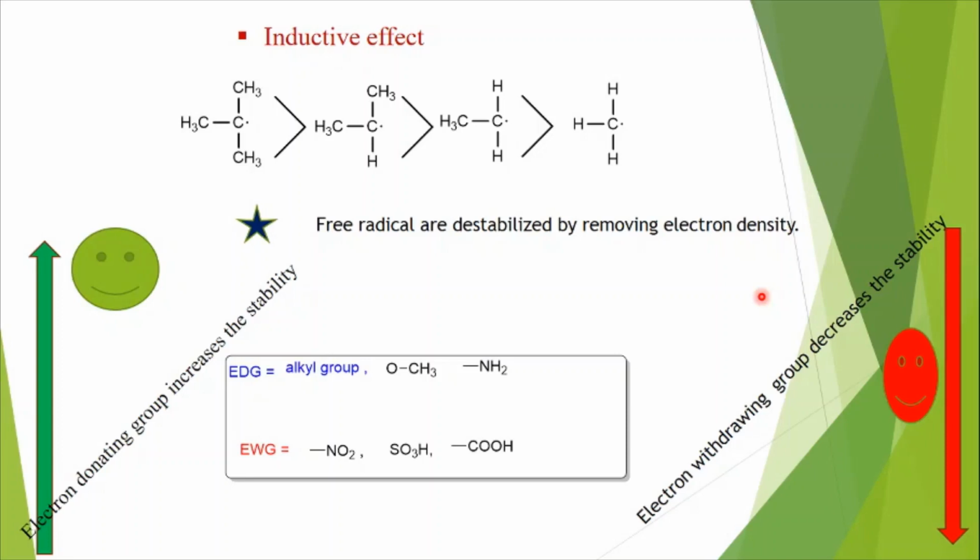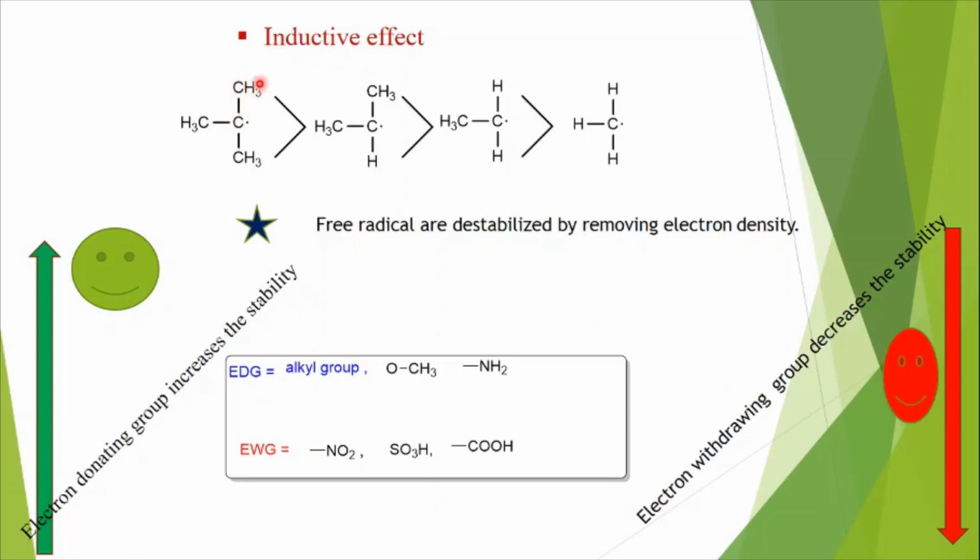Thus the order of stability for alkyl radicals is tertiary is more stable than secondary, which is more stable than primary, and primary alkyl radical is more stable than methyl radical. Now this alkyl group or CH3 group is an electron donating group. It minimizes the electron deficiency of this carbon by plus I effect.